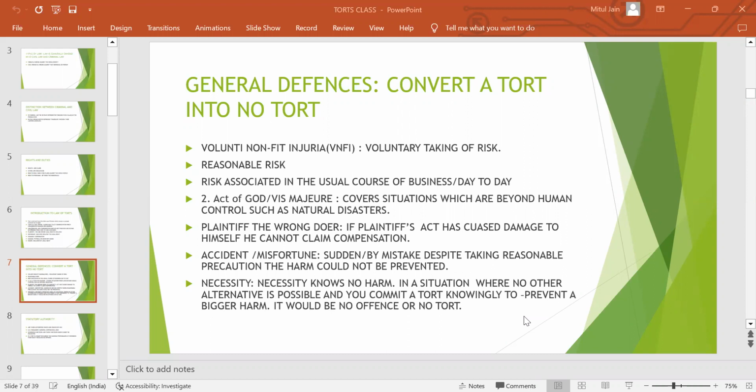Now, this is a clear case of Titanic, for example. Let's take a case of Titanic. Suppose there is a huge ship carrying 500 people. Now suddenly there is an iceberg in front of the ship.